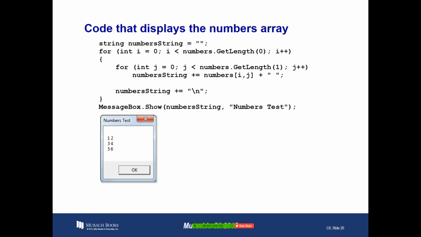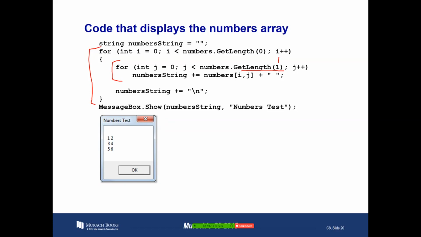Here's code that will display that numbers array, and you notice it's a nested for loop. Got a for loop on the outside, and a for loop on the inside. The inside loops through the columns, so we're looping through the number of columns.